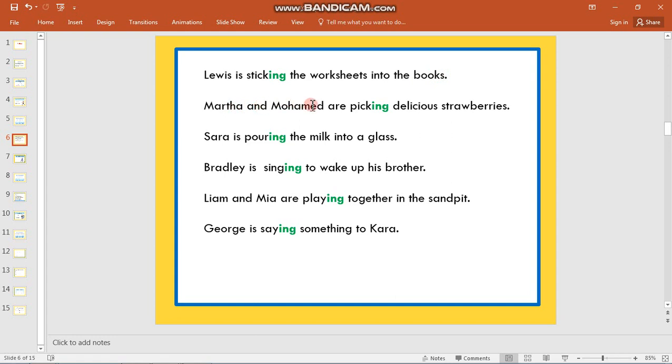Martha and Mohammed are picking delicious strawberries. Sarah is pouring the milk into a glass. Bradley is singing to wake his brother. Liam and Mia are playing together in the sandpit. George is saying something to Kira.